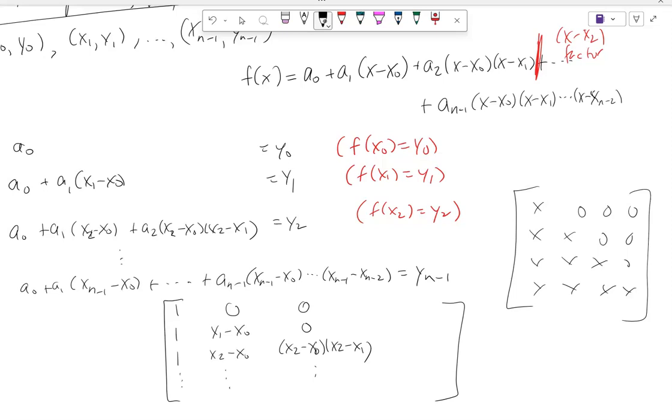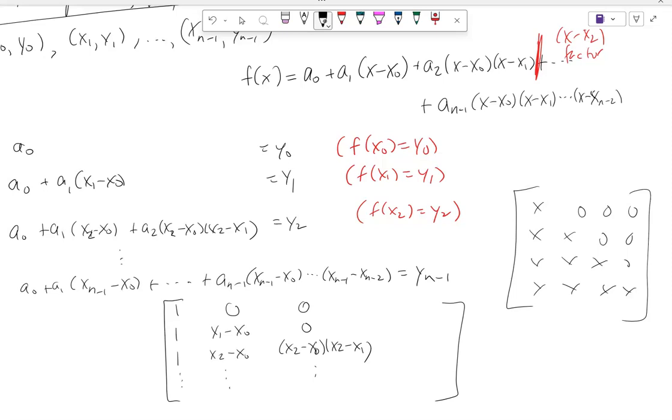Can you imagine what upper triangular is? Flip it along the diagonal. Can you imagine what a diagonal matrix might be? Upper triangular is zero below the diagonal.